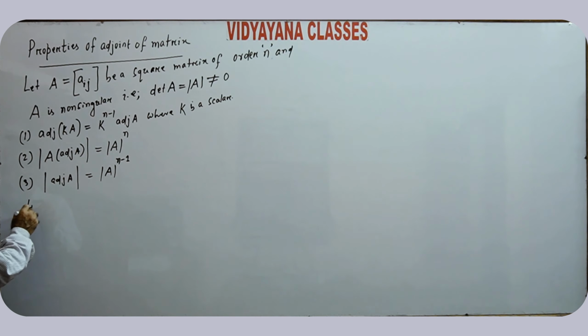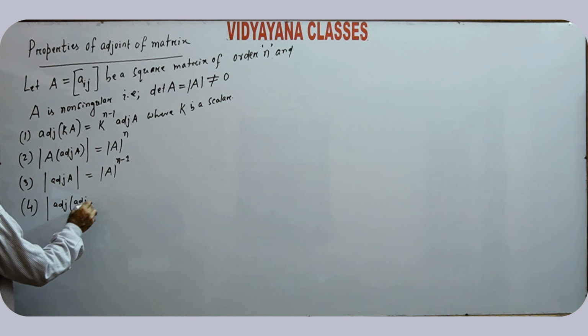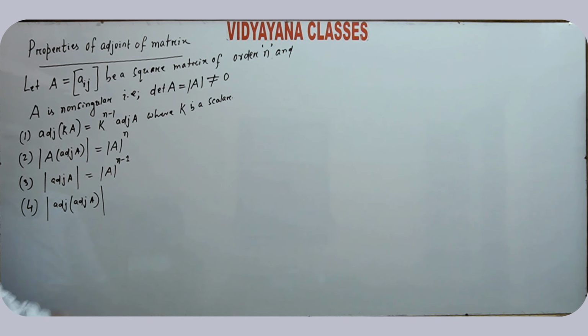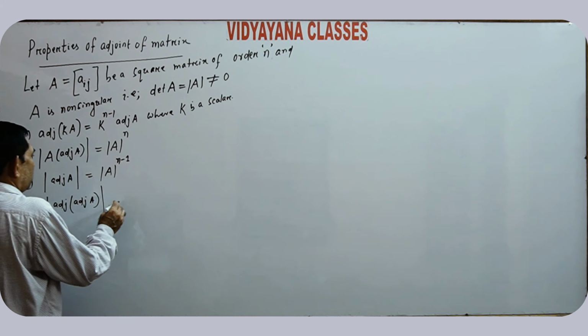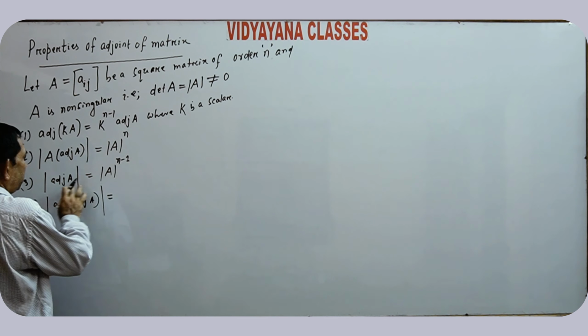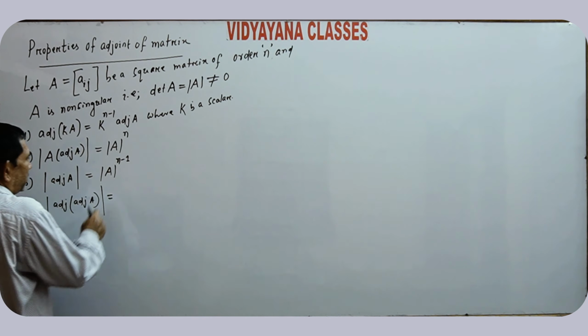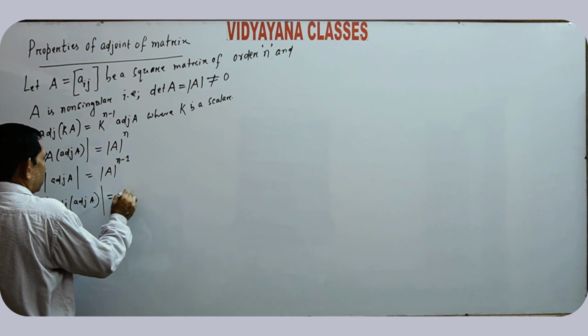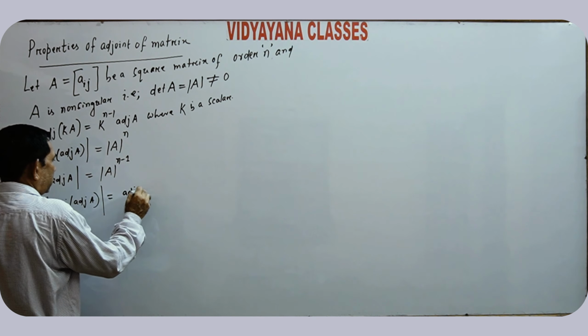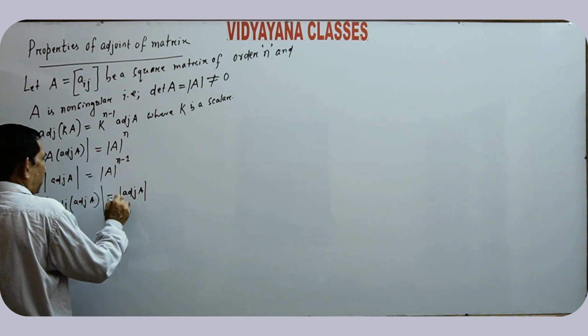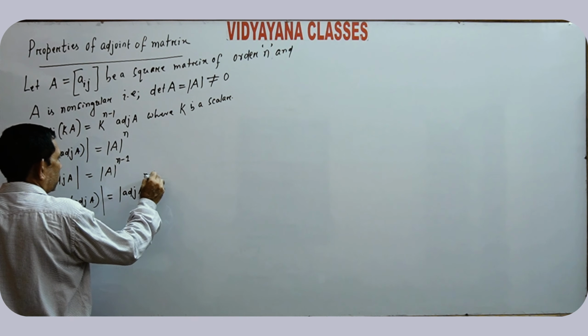Fourth property, determinant of adjoint of adjoint A. A is replaced by adjoint A, which is the same as determinant of adjoint A whole to the power n minus 1.